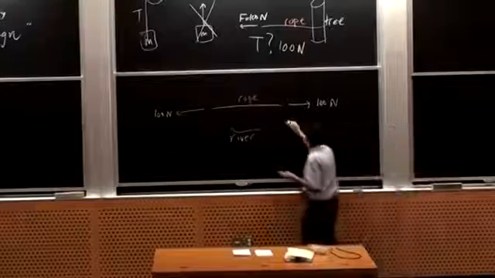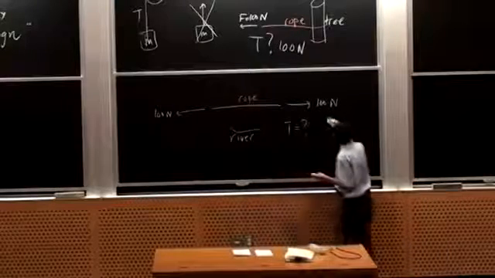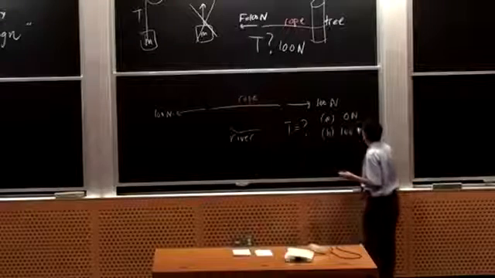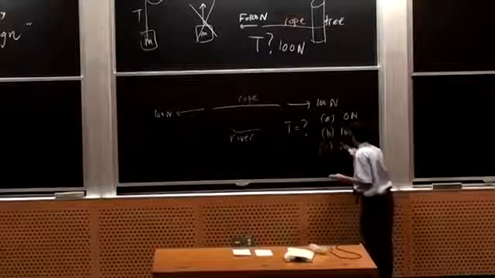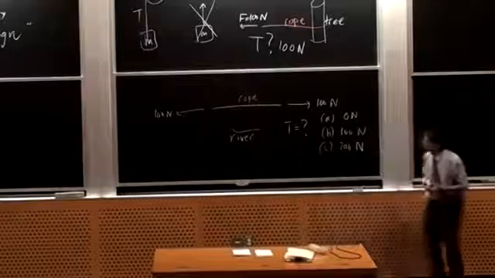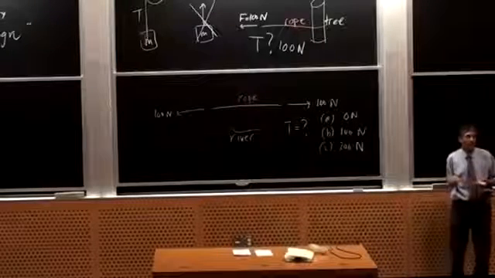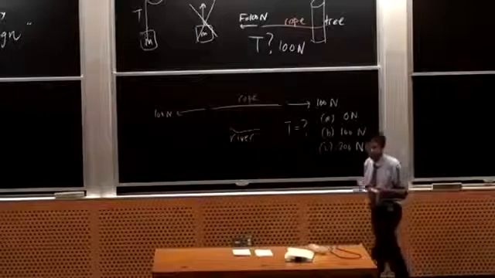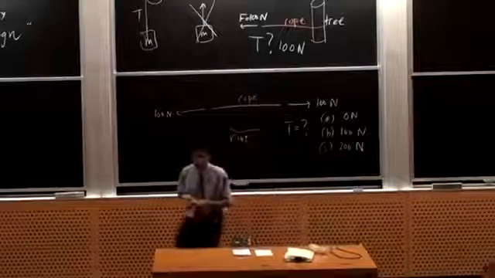Okay, so T. Discuss with your neighbor, A, B, or C: what's the tension in the rope? And we'll take a vote.